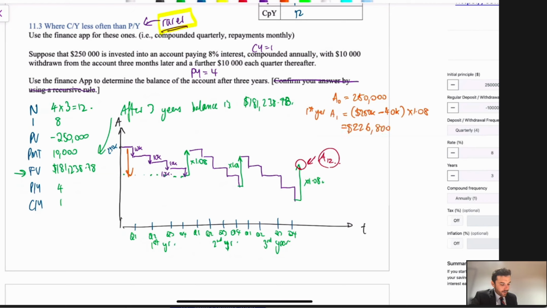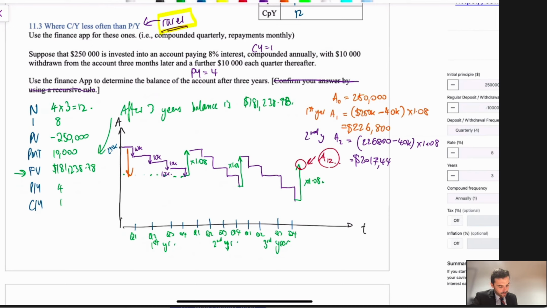and so that number will come out to be 226,800, right? Now, to get the second year, A2, you're going to do 226,800, take another 40K, times by 1.08, and out will pop your next number, 201,744, okay? That's the balance after 2 years. Let's find that final one.